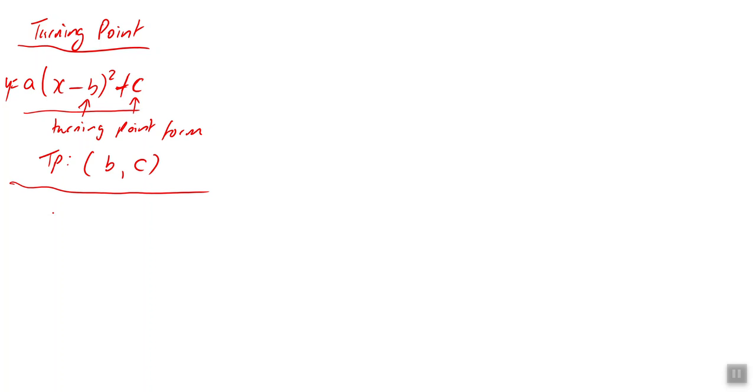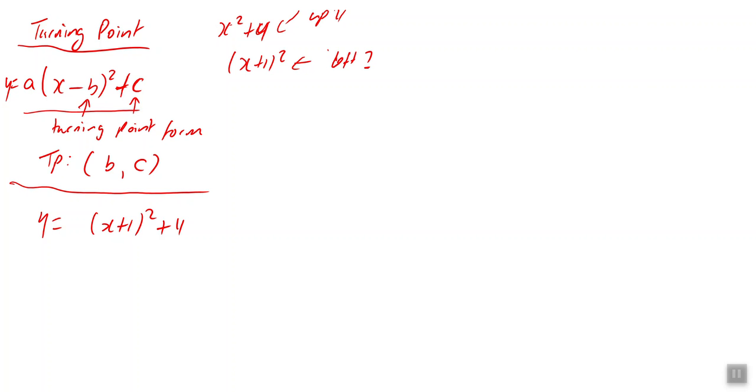So applying this, if I have y = (x + 1) squared + 4, can you see there's a difference between this x plus 1 and this plus 4? This one moves the graph up 4, and this one moves the graph left 1, because it's opposite to what we expect.